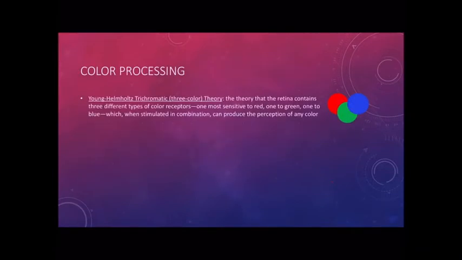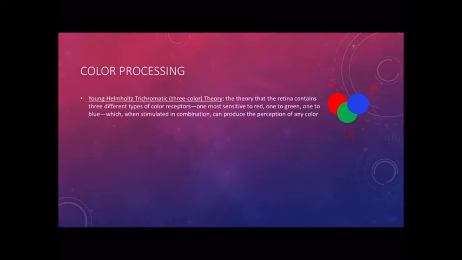Okay. There's two theories of color processing. The first is the Young-Helmholtz trichromatic color theory, and this theory says that there are 3 types of color receptors in the retina. One that goes with red, one with green, and one with blue. Now, the thing that people miss most on test questions is they want to say red, yellow, and blue.